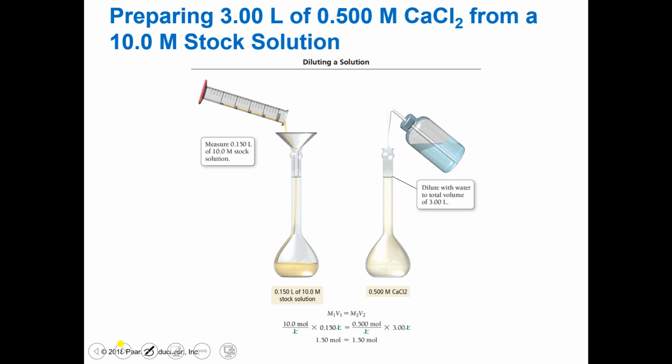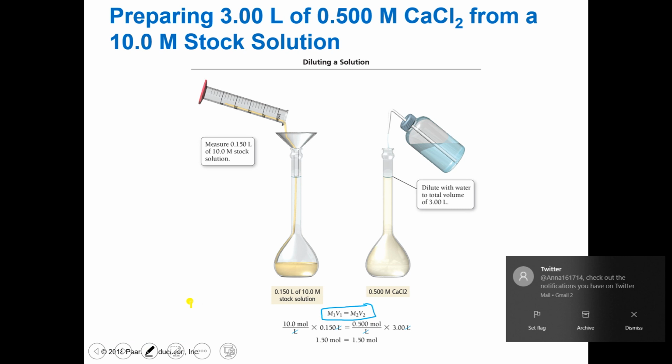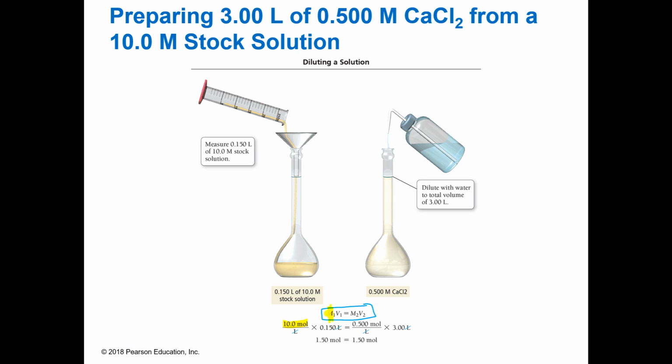Well, if I use M1V1 equals M2V2, then I can simply say, okay, I know the molarity of the highly concentrated stuff. That's typically your M1. The stuff on the left-hand side is often your highly concentrated side, and the stuff on the right-hand side is your weaker concentrated or diluted side. Now, we have our highly concentrated stock solution.